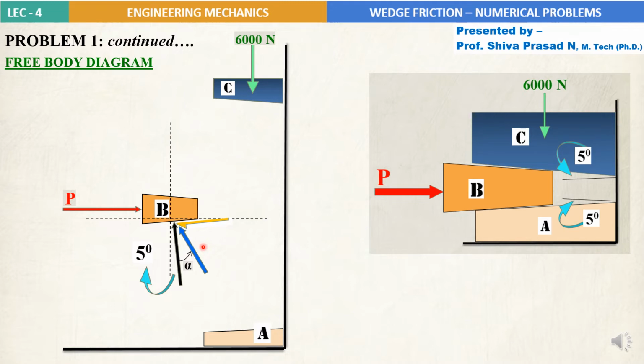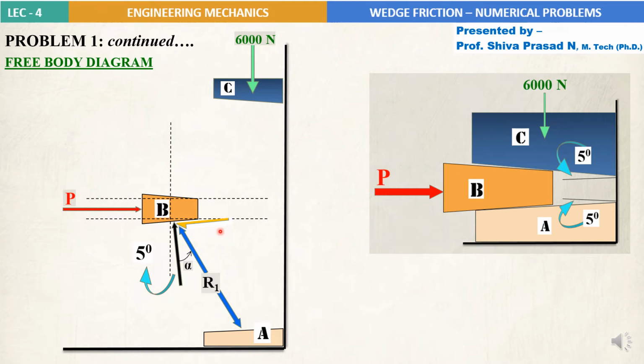That's what I explained in the previous slide, and I will call this resultant force R1. Due to the contact of A and B together, the same resultant R1 will act towards the wedge A also. Please note that the resultant R1 towards the wedge B and A is the same.